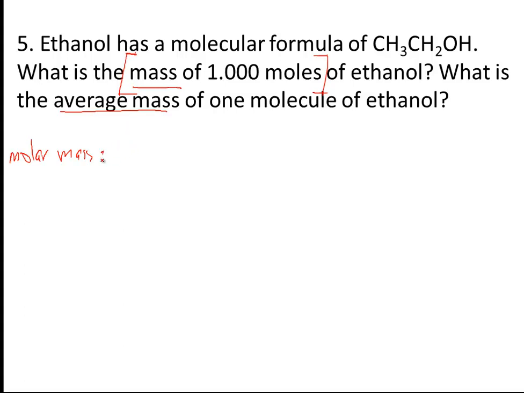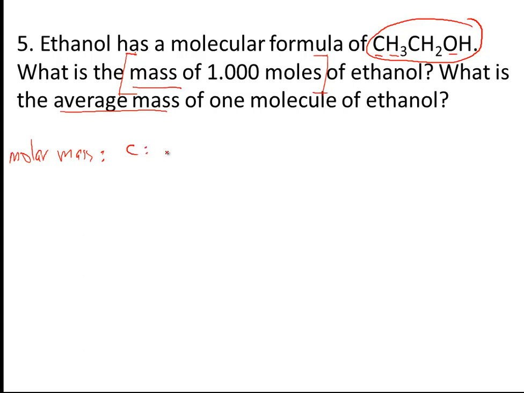And to get this, we're going to take the formula and look up the atomic weight of each element. So we've got carbon, hydrogen, and oxygen. Those are the 3 elements that are involved. And then we have to multiply the atomic weights by the corresponding number of atoms of each element. So let's start with carbon.